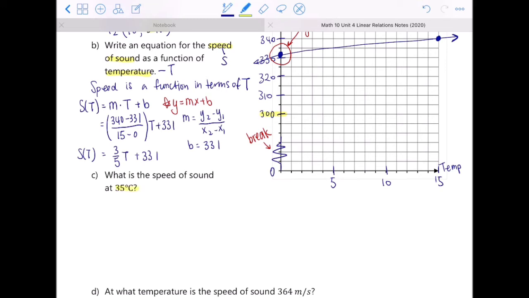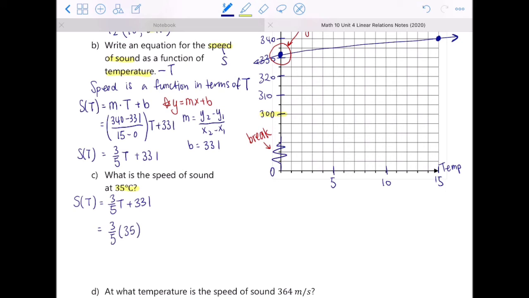So this time we were given the temperature. So we're going to use the formula we just made. So S of t equals 3 over 5 t plus 331. And we're going to plug in the temperature value. So we have 3 over 5 times 35 degrees Celsius.